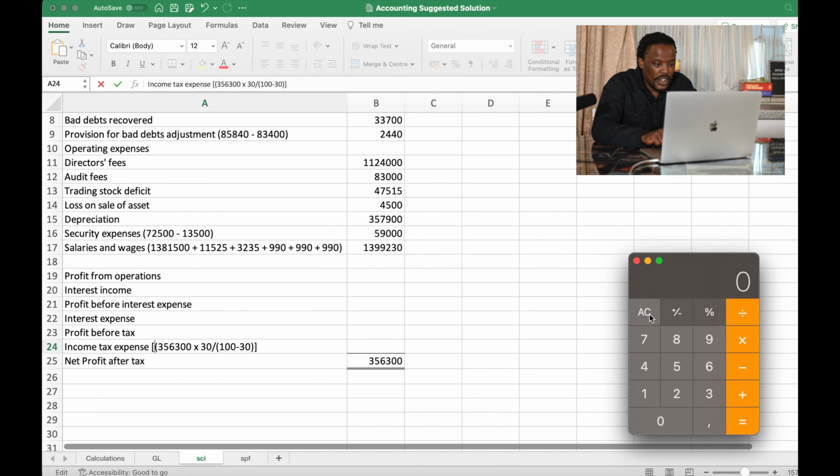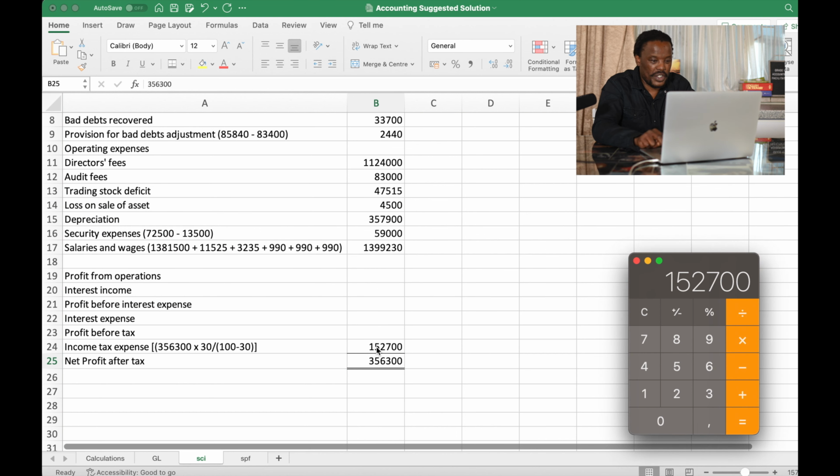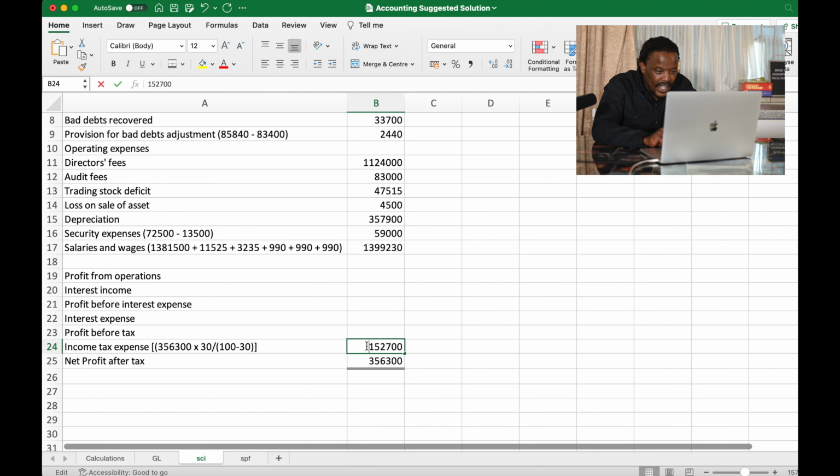Make sure that your calculator is on. 356,300 multiplied by 30 divide by 70, and then you get 152,700. And that 152,700 is income tax. 152,700, it's an income tax expense. It's a minus. Agree.